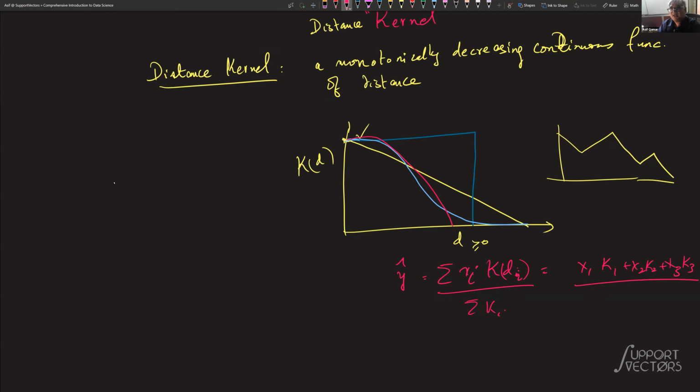You have to normalize it down to 1, otherwise it won't make sense. So for example, you remember we divided by 3 when all the k's are 1. So you divide by k1 plus k2 plus k3 and so forth. You do that and you get a weighted average. What we are looking for is a very simple concept, a weighted average, isn't it?